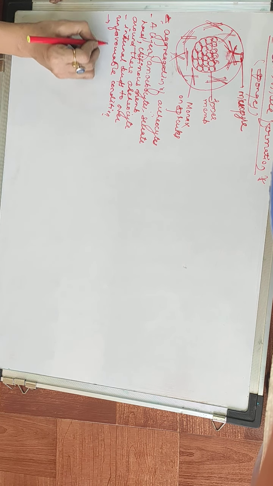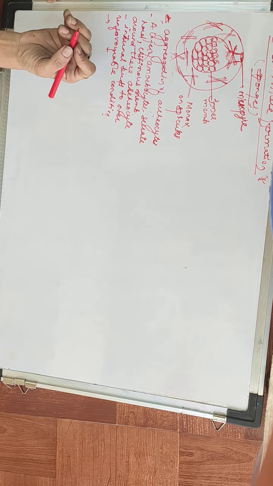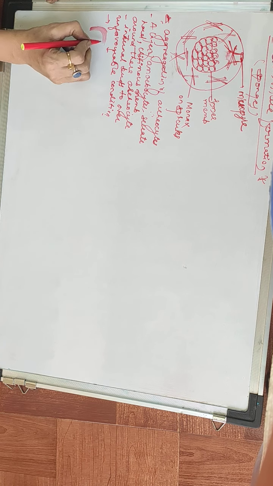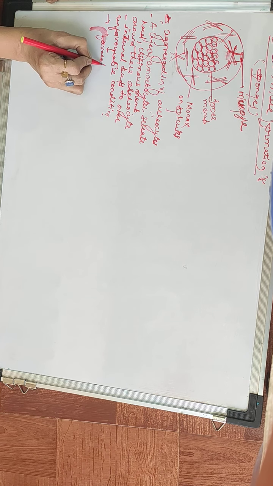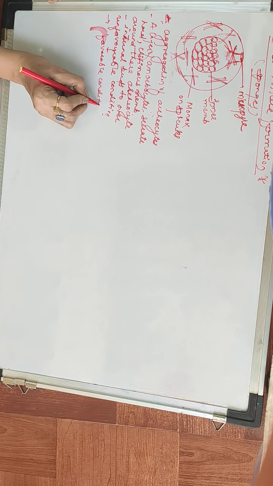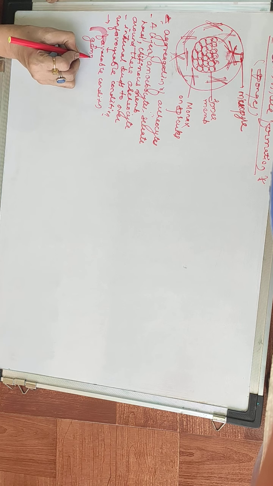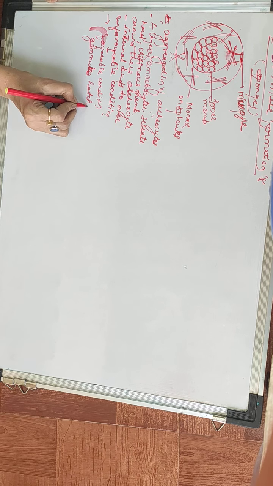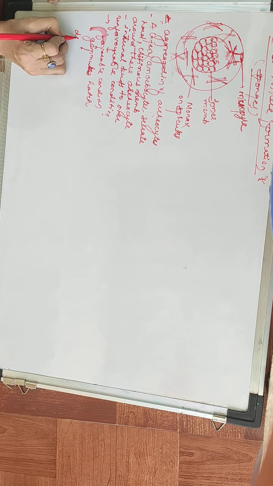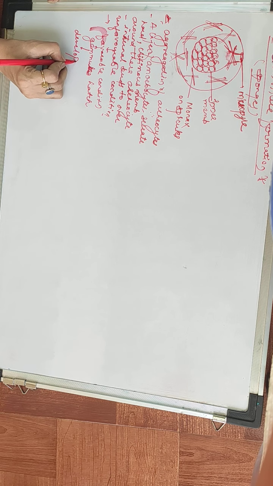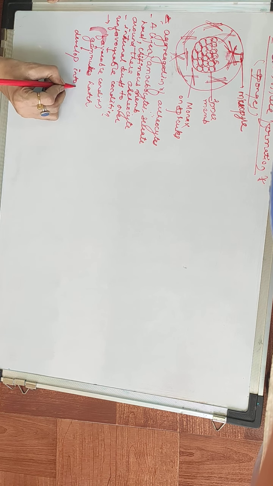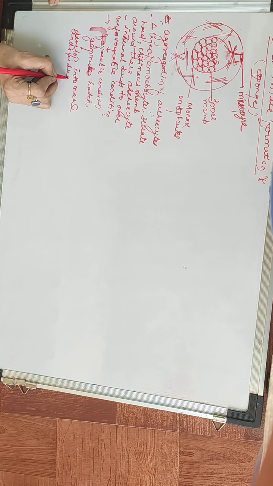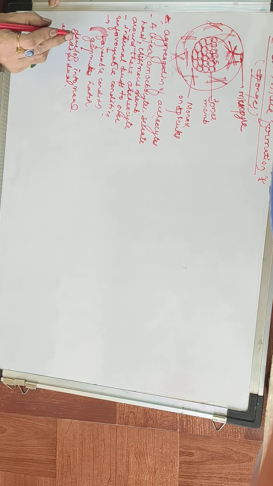On return of favorable conditions, this gemmule hatches and develops into a new individual, and that occurs in sponges.